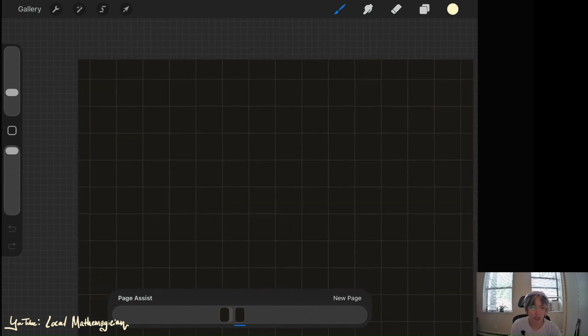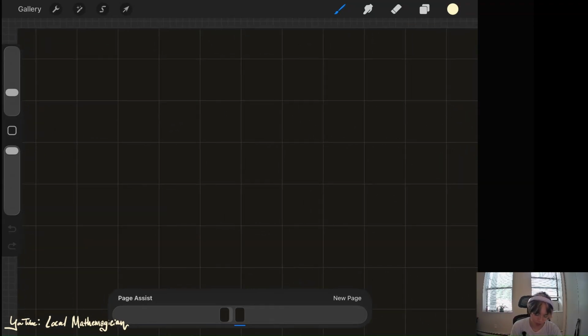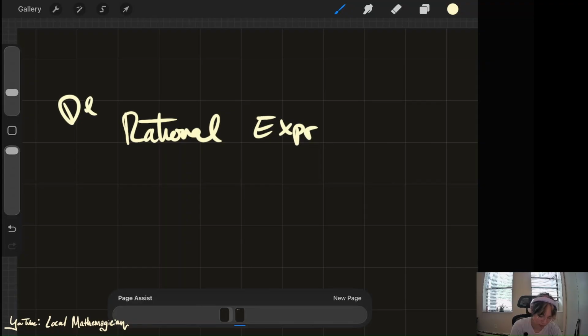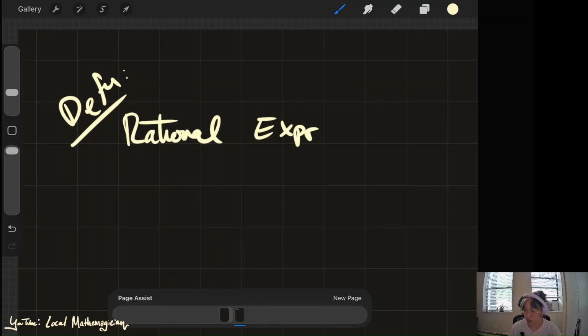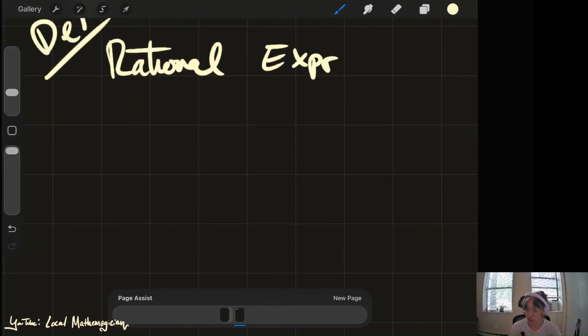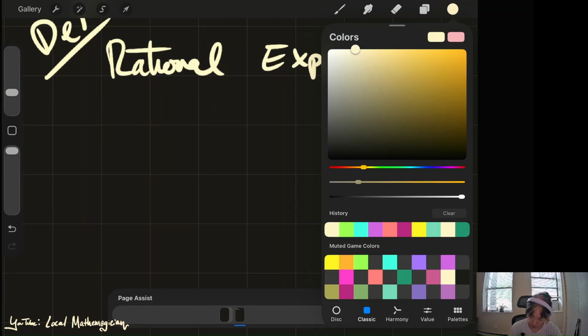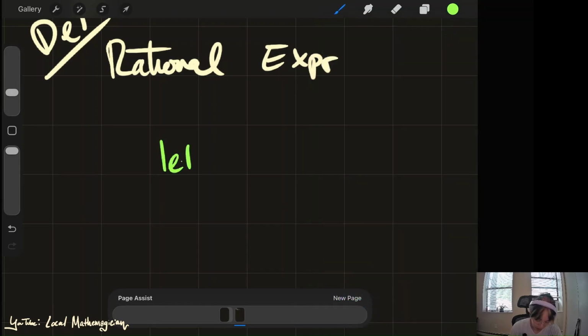So first, let's talk about what a rational expression or function is. Two separate ideas. Rational expression. We know what an expression is, so we'll define what a rational expression is. Let p of x be a polynomial.